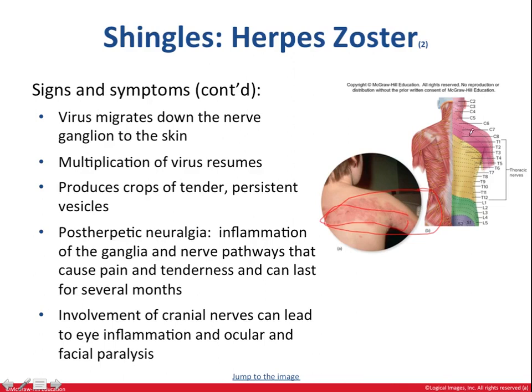For example, this area is for cranial nerve 8. If cranial nerve 8 contains this virus, the herpes zoster only affects the area for cranial nerve 8.